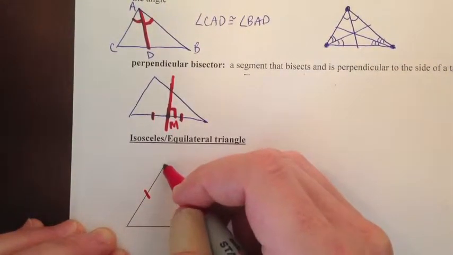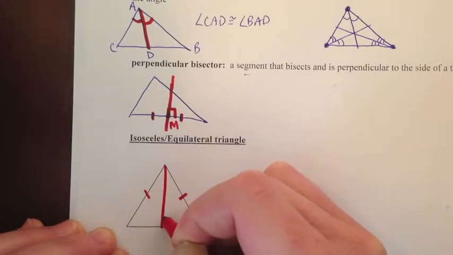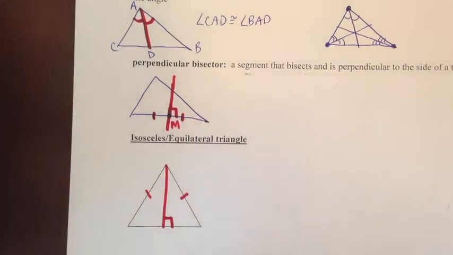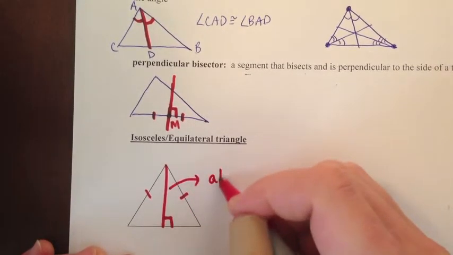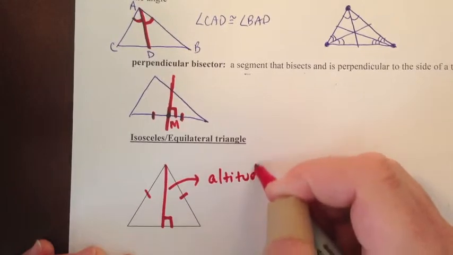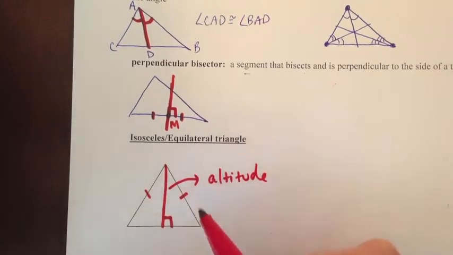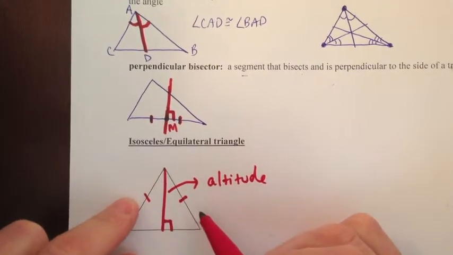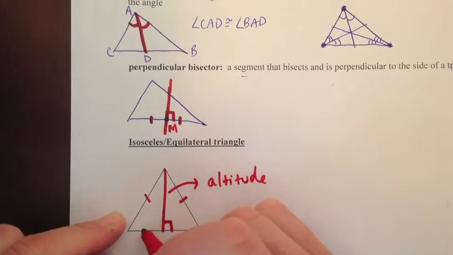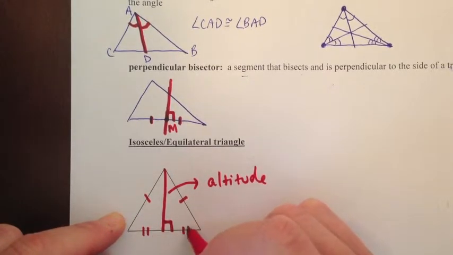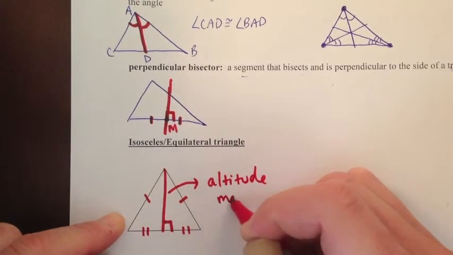If you drop down this segment, let's say we drop this altitude, we're going to use this a lot with right triangles. You know a couple things are going to be true here. This is an altitude, so it means it creates 90, but because these 2 sides are the same, when we drop this down, it is also going to bisect the opposite side, which makes it a median.